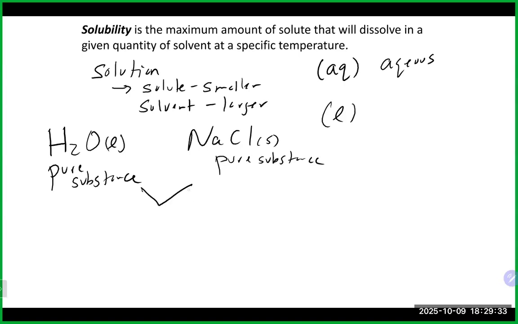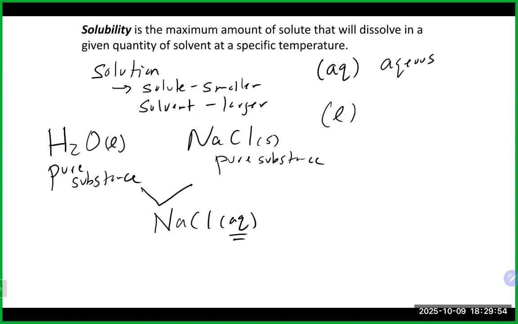And if you mix those together, as we just talked about, you will get the salt to dissolve in the water. And that will make a sodium chloride solution. And that is the thing that gets the aqueous symbol next to it. So aqueous means it's a solution, which ultimately means it's a mixture of two things.